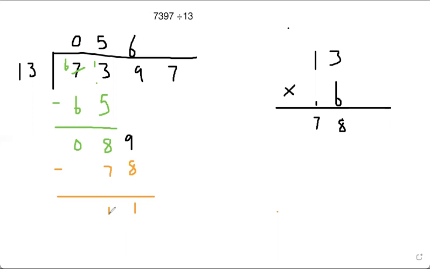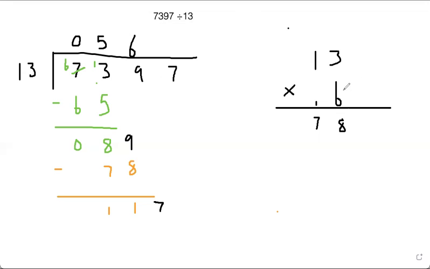So you are left with 11 remainder. What to do at this point is drag down your last remaining number, which is 7. And now you're asking how many times does 13 fit into 117?